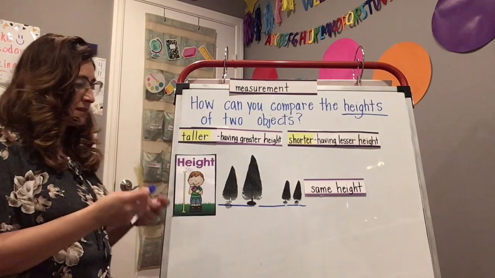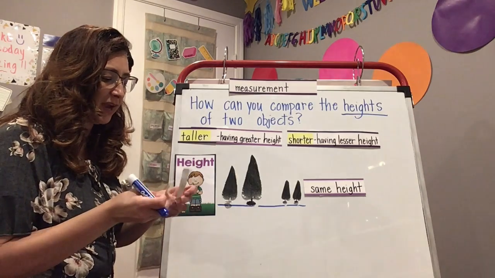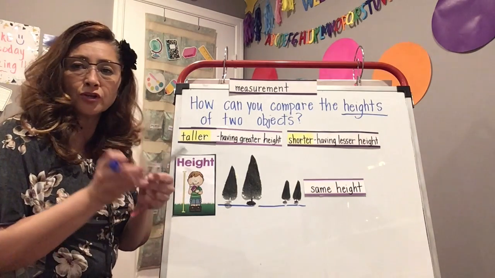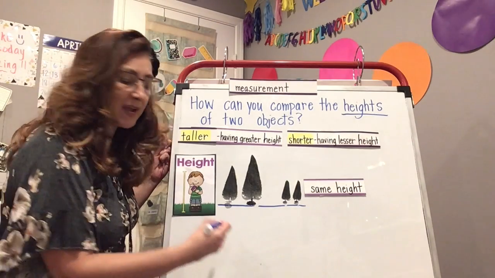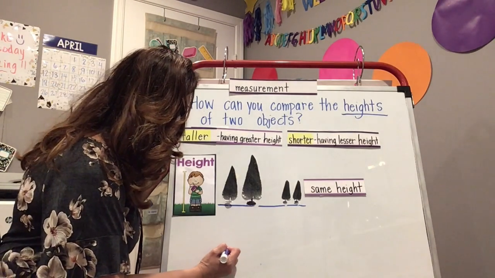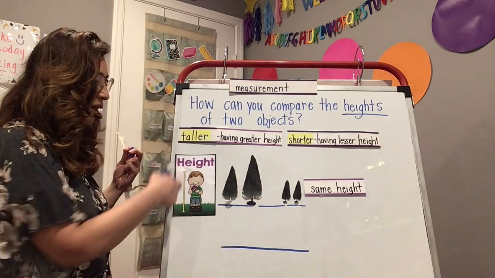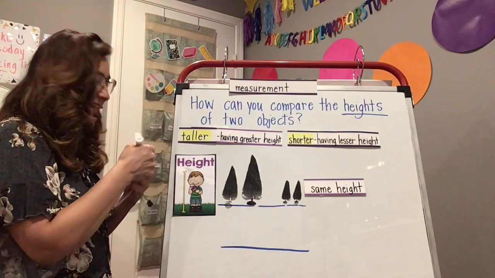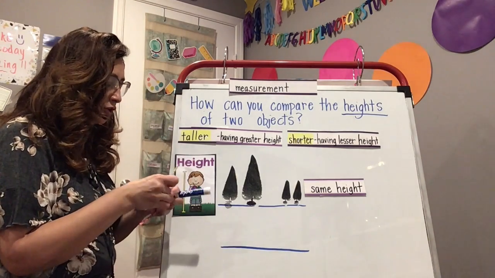So let's draw the line. The first thing I need to do is draw my line, down at the bottom right here, because I want to see the height of my cube towers.